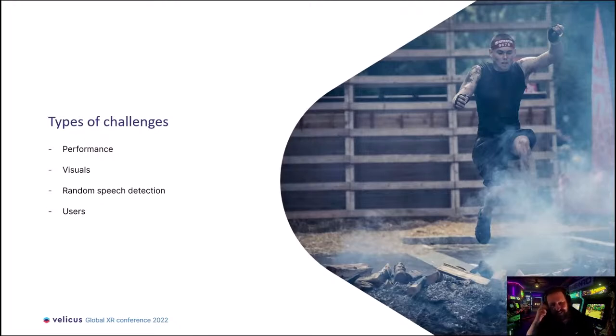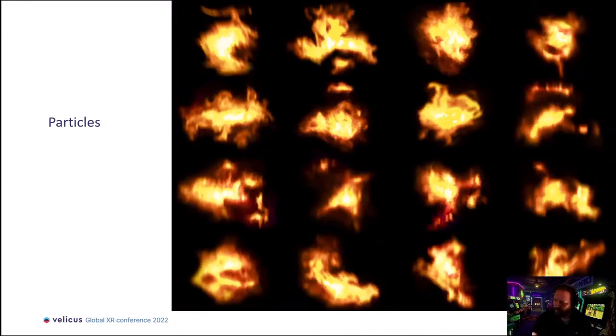Now let's dive a little bit deeper into the performance and visual challenges we faced. After some testing, we found that one of the biggest hits on performance was the particles. They looked okay, but they turned out to be way too performance heavy. We did some testing and figured it might be better to switch to VFX Graph for the fires and the smoke.